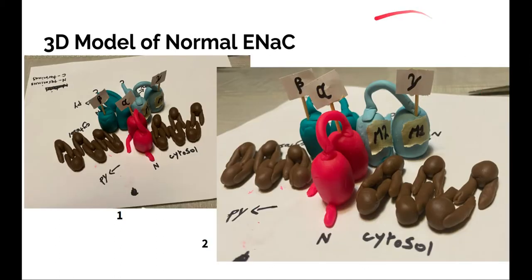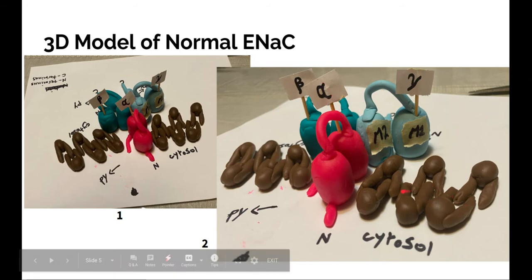Now, the 3D model of the normal ENaC channel represents three subunits, alpha, beta, and gamma, on the cytosol of the epithelial cell.